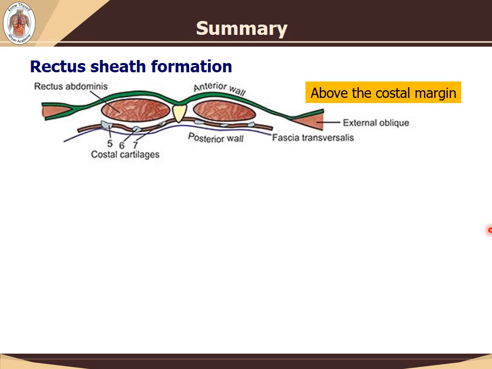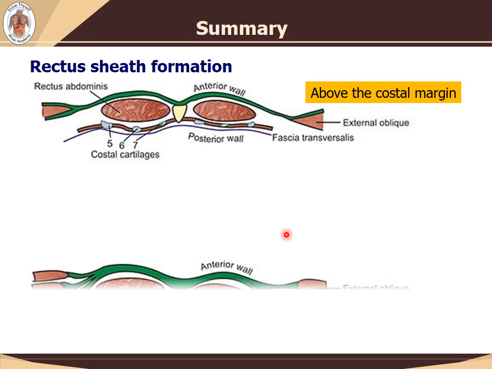So let us summarize the sheath formation. Above the costal margin, the rectus sheath is present on the anterior aspect only, and this is the external oblique aponeurosis. And the muscle directly rests on the 5th, 6th, and 7th costal cartilages and the intercostal spaces between them.